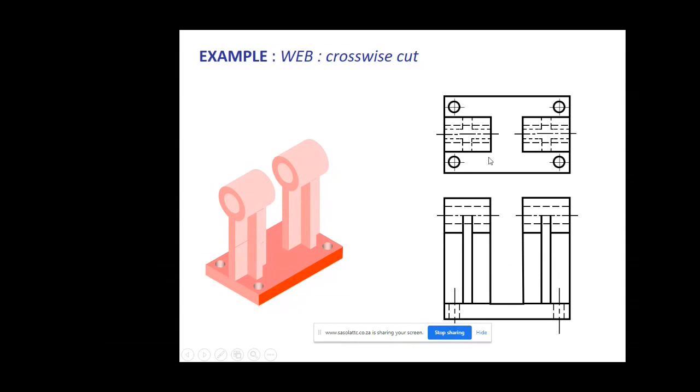So the question is, draw a full sectional top view on cutting plane AA. So there will be a cutting plane that has been put on the front view right in the middle, and we want to see how the top view will look when it is cut in full section.